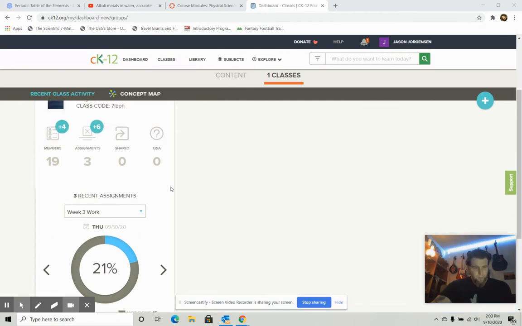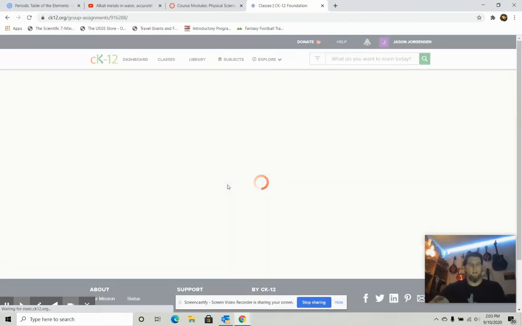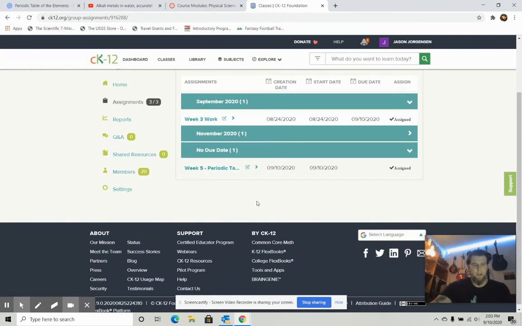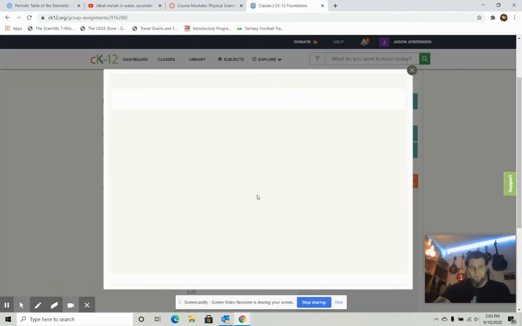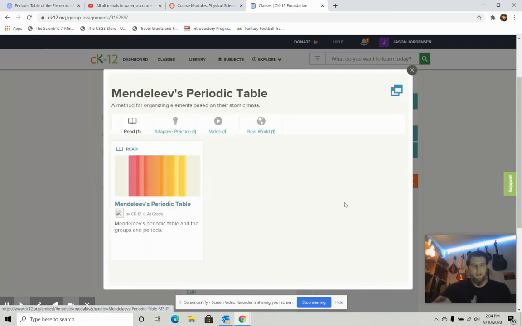If you go into your assignments for CK12, you will see this one that says no due date. But if you click on it, it says week 5 periodic table. You just click on that and start to go through each of the sections. When you click on one of them, you're going to have a few things here.